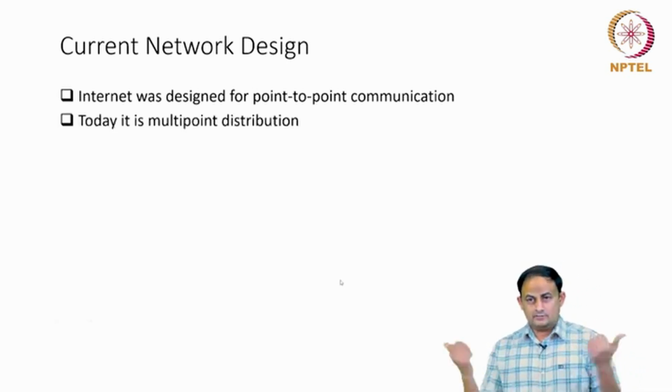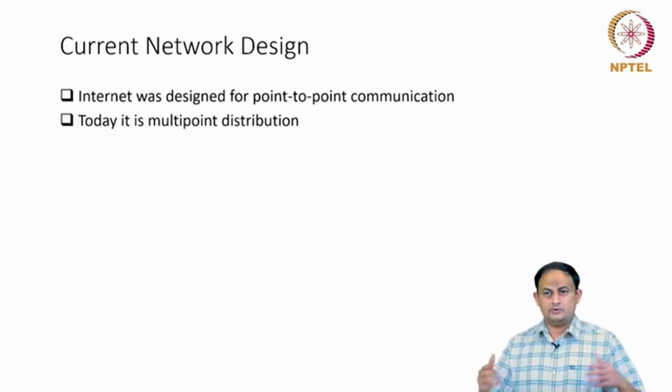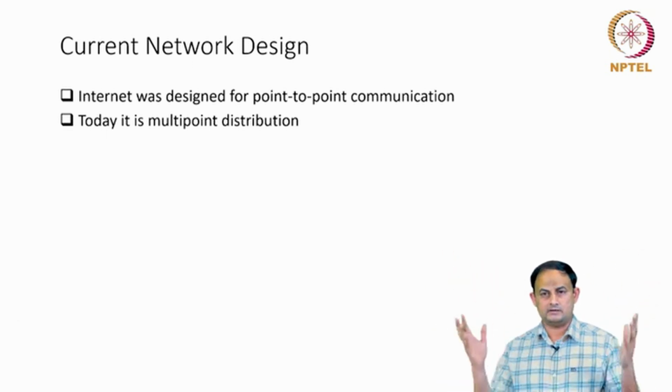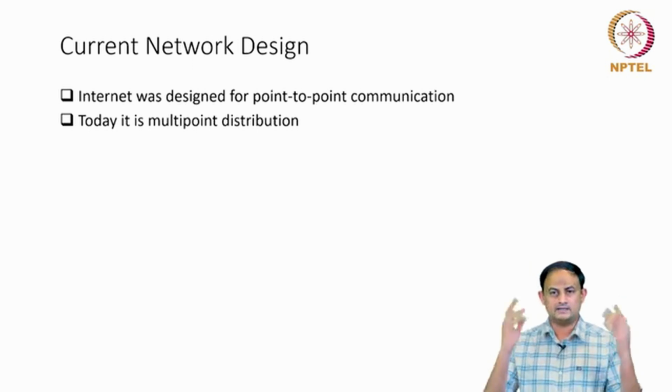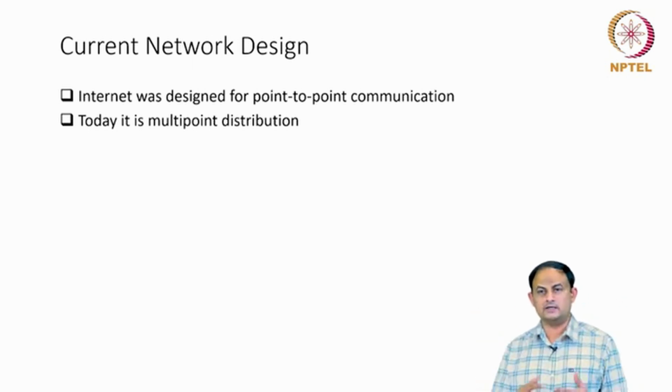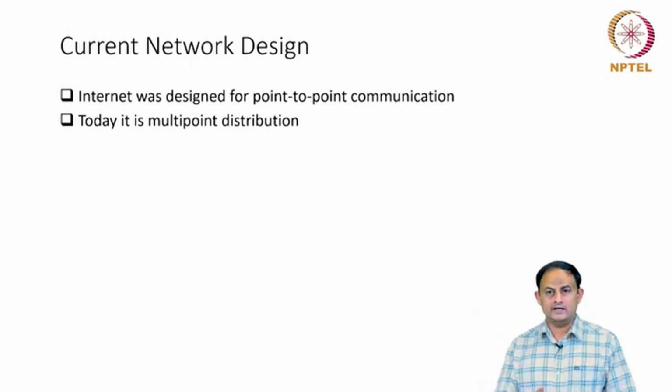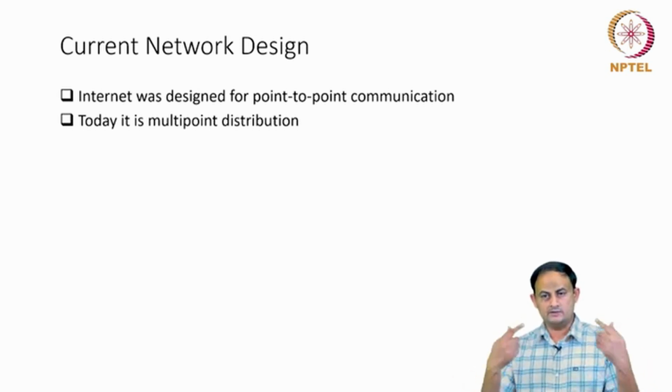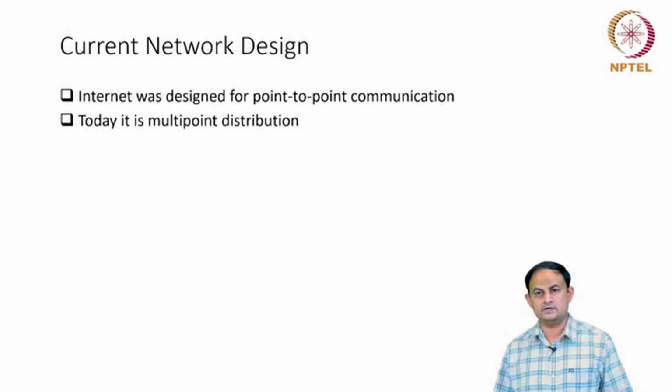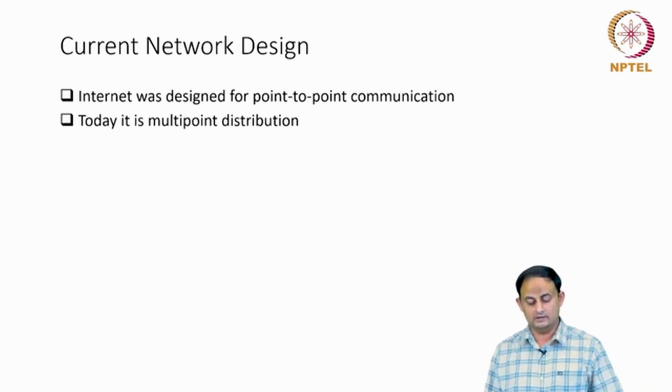That is point-to-point communication. Let's say there is a news website like timesofindia.com, and however many unique users access it, those many times the same content is transmitted over the network to multiple people.